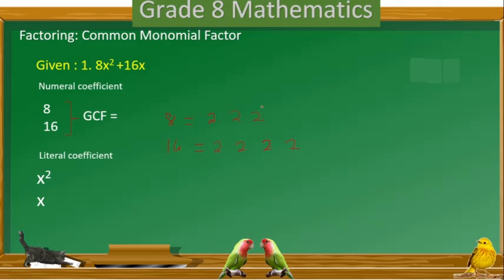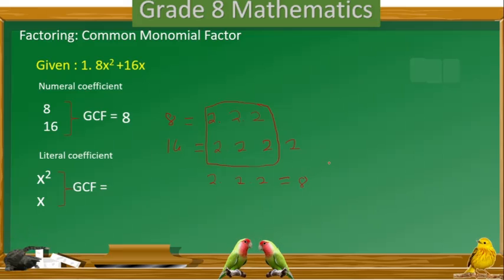As you can see, there are three 2's common to our given numerical coefficients. Next, we multiply these three 2's to find the greatest common factor, that is 8. So our greatest common factor for the numerical coefficient is 8.